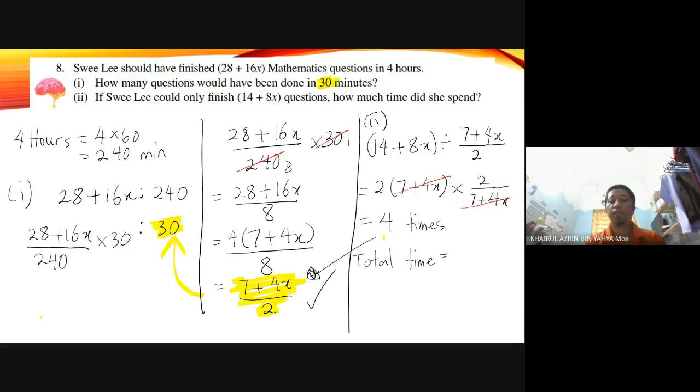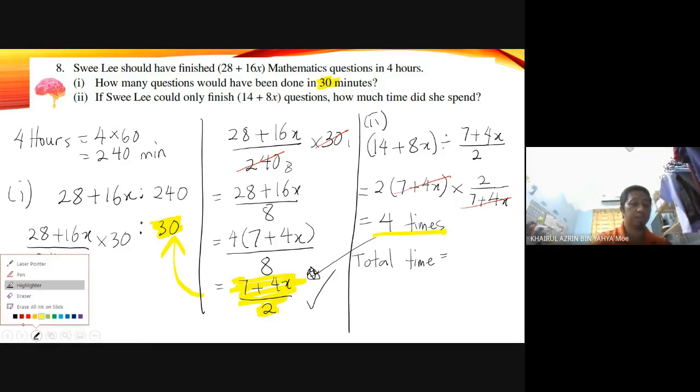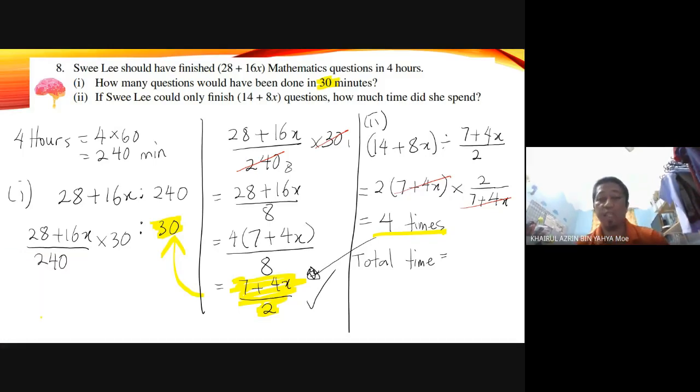If 4 times, what we do? 4 times 30 minutes. So 30 minutes we multiply with 4 times. So it becomes 120 minutes. Or 120 divided with 60 equal to 2 hours. So this is the answer. Either 120 minutes or 2 hours.